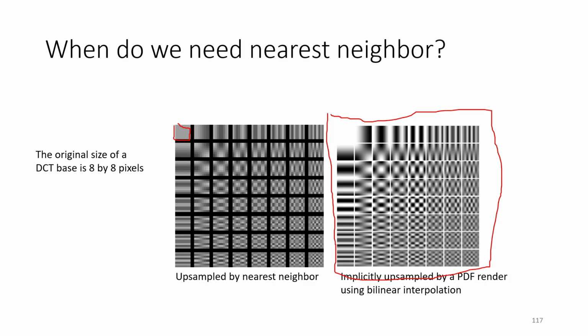When the PDF reader renders the image on my screen, what interpolation method does it use? Bilinear. So what is the result of bilinear? If I use the nearest neighbor, I can still see the pattern here. But if it is rendered by the bilinear filter, it looks like a gradual change, which is not the true case. So for some cases, we still need the nearest neighbor.